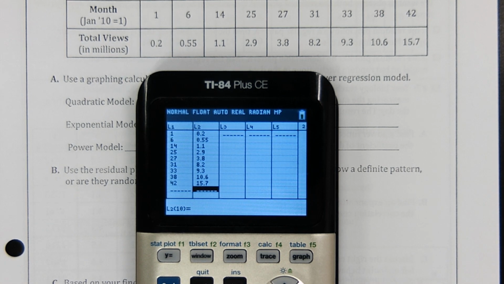Again, double check, make sure you typed it right. Okay, we are double checked here.